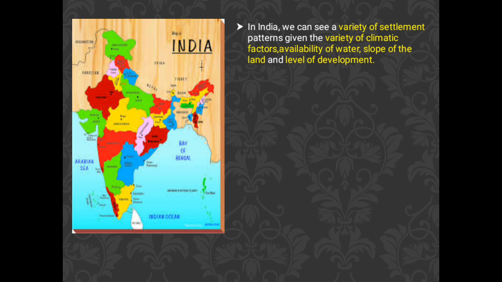In India, we can see a variety of settlement patterns given the variety of climatic factors, availability of water, slope of the land, and level of development.